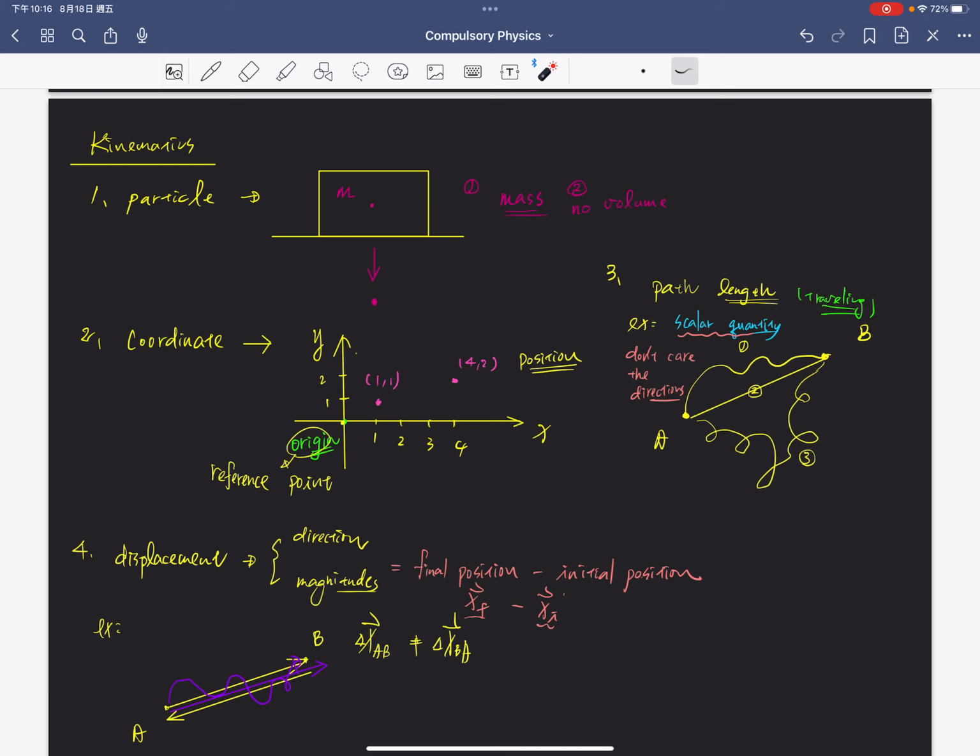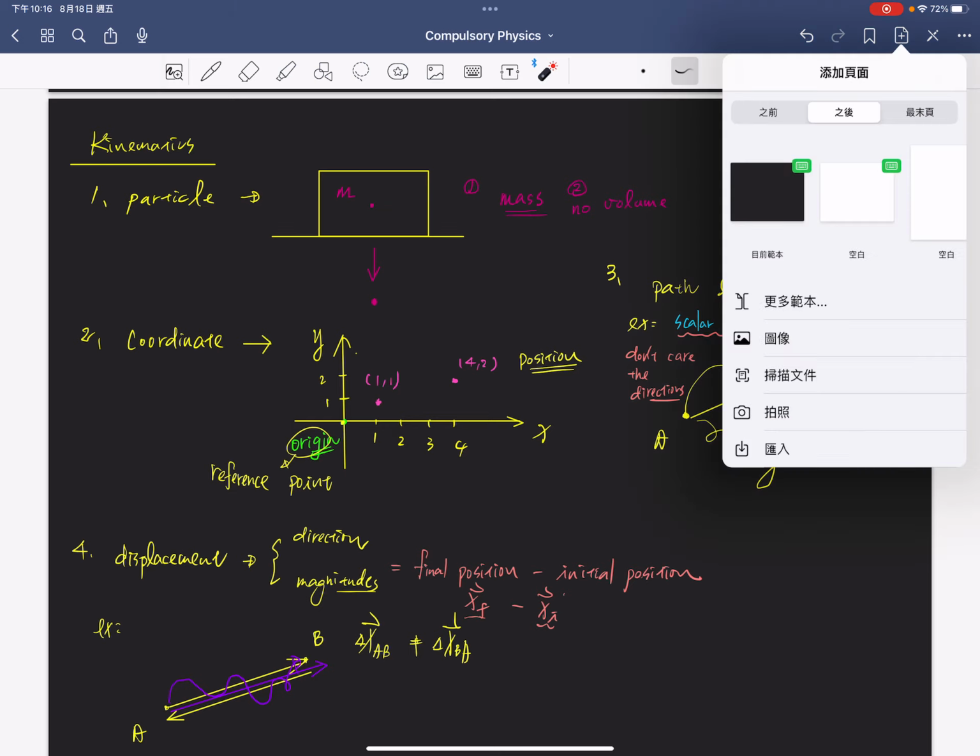So now, if we want to describe another thing, how fast a particle is traveling, there are some more definitions. The first one is the speed, and we use v to represent it.